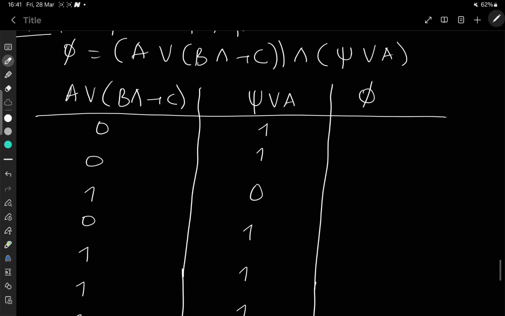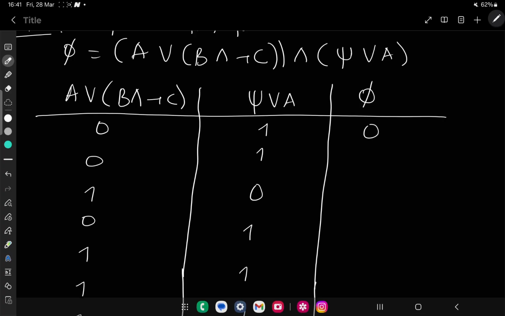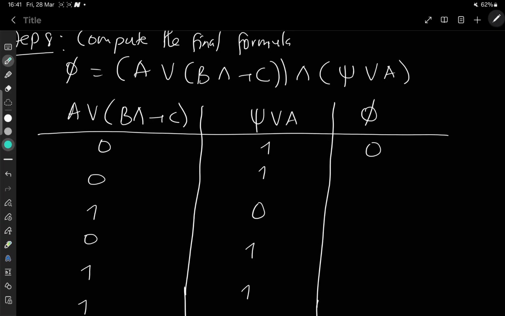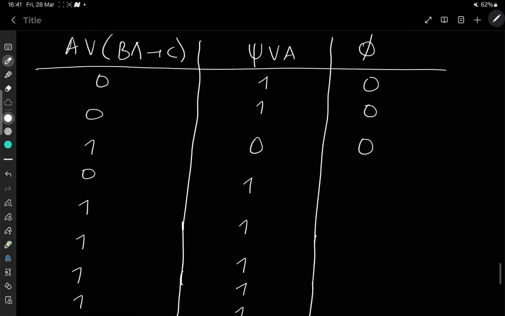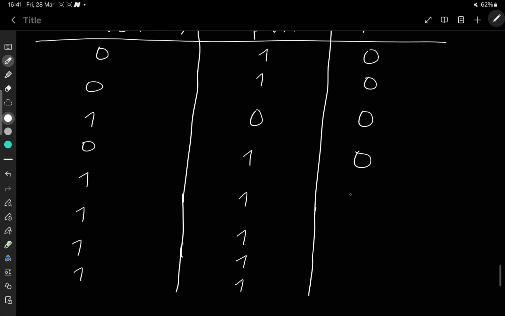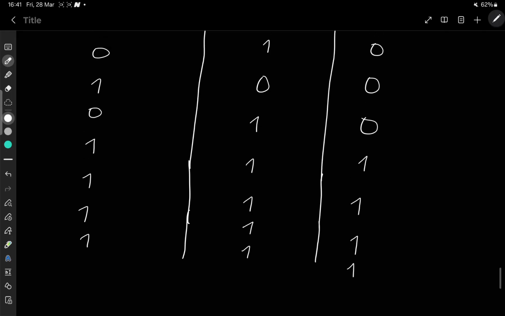So this is going to be 0. Why is it 0? Because we are using AND. AND is the operator that is functioning here. When one statement is true and one is false, then the whole statement is false. So the same thing applies here. We have 0 here, this one is also 0, this one is 0.